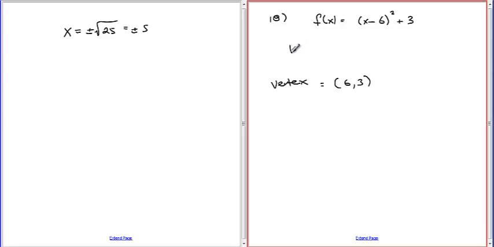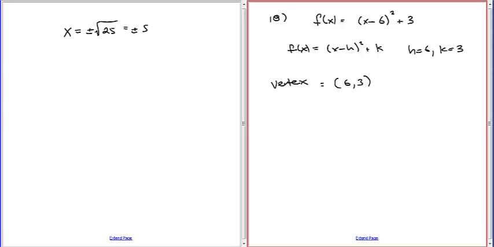The standard form of a quadratic equation is a times x minus h squared plus k. h and k are the coordinates of the vertex. So you can see I've got x minus 6, so h is 6. And then the number at the end here is k, so k equals 3. And the vertex is the coordinate h comma k.